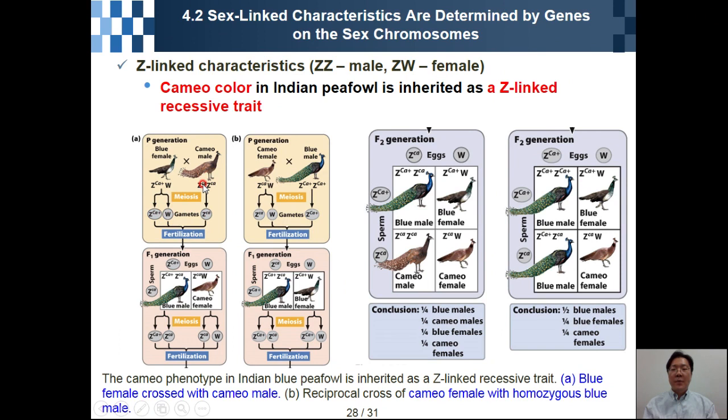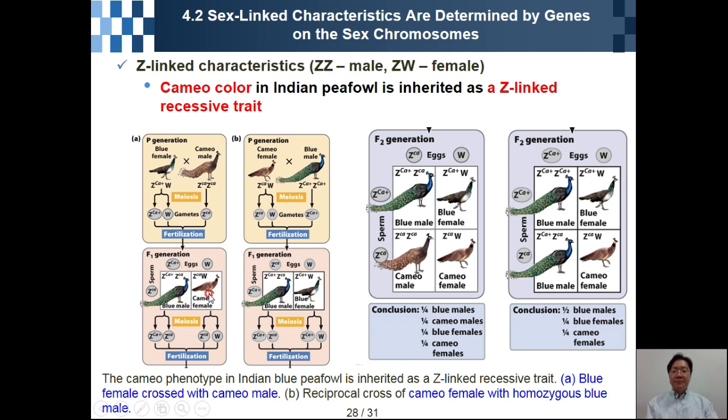This one will make a sperm. All of the sperm will have ZCA, like this. So after fertilization, this is the F1 generation. In this case, we see ZCA plus and ZCA. It means that Z means this one is male, but the color is, because this is dominant over this one, blue male, like this.